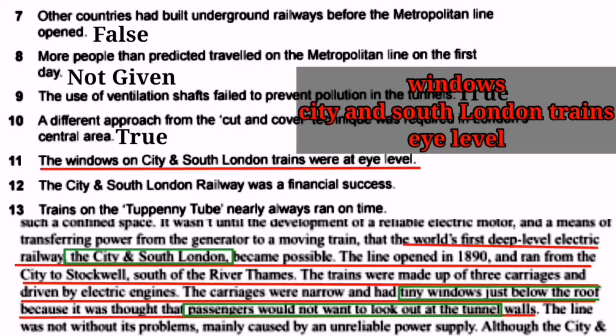The key sentence is that the carriages were narrow with tiny windows just below the roof. Whereas question number 11 says the windows were at eye level. So the answer of question number 11 is false.